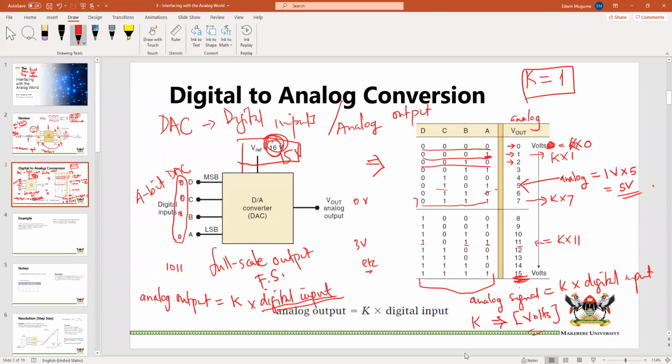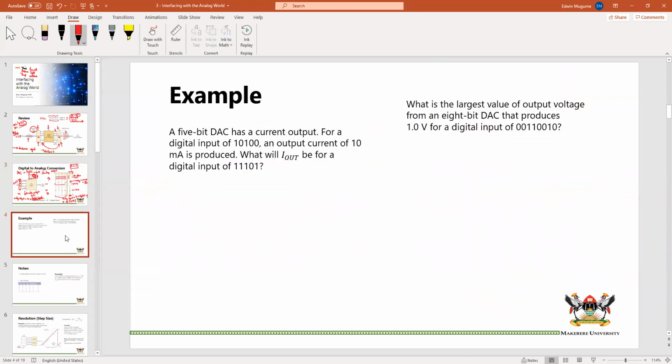Okay, let us look at some examples. Here we have a 5-bit DAC, which has a current output. For a digital input of 10100, the output current is 10 milliamps.